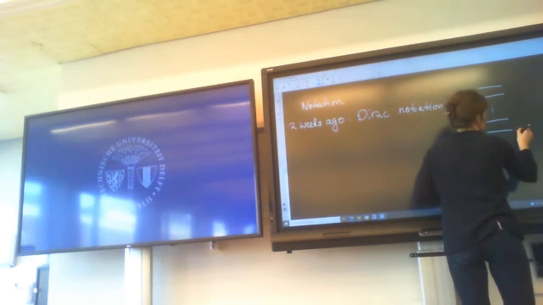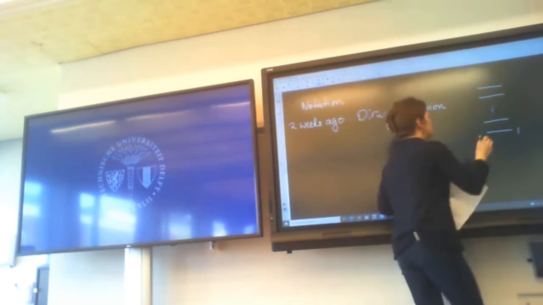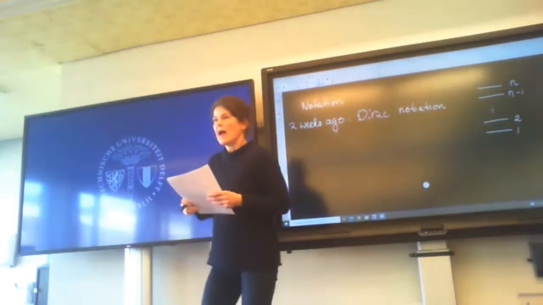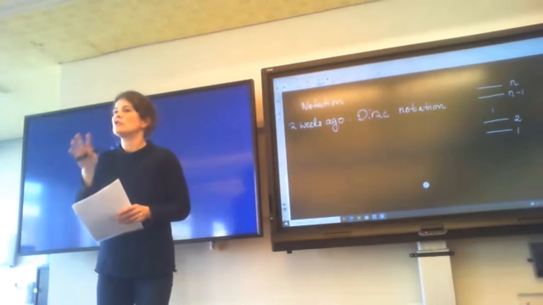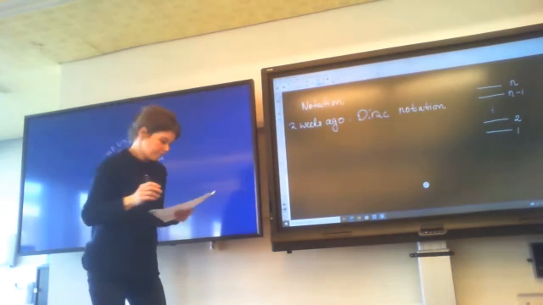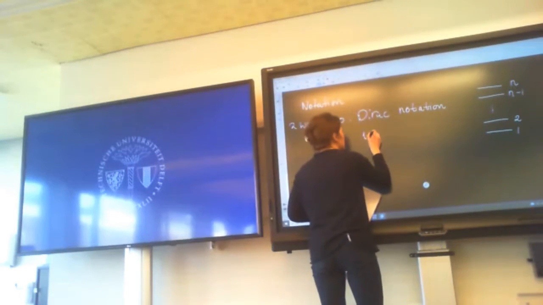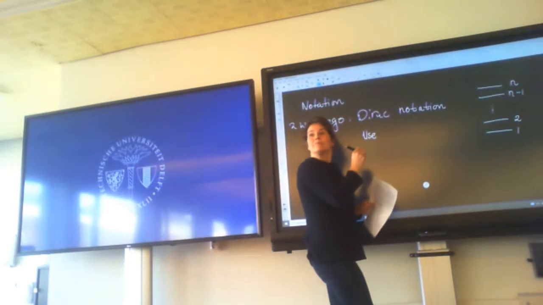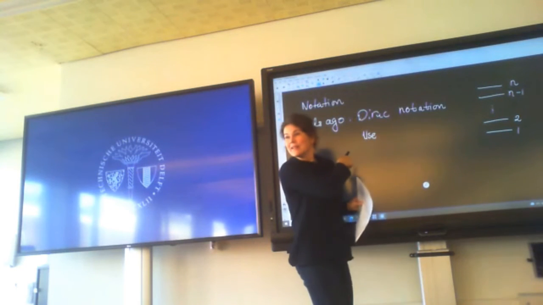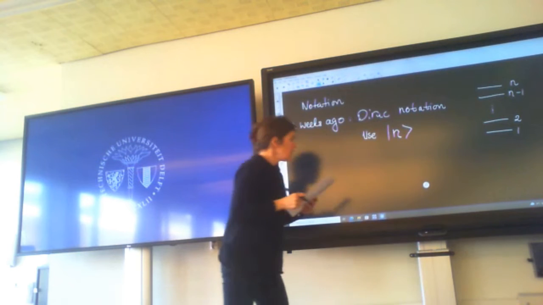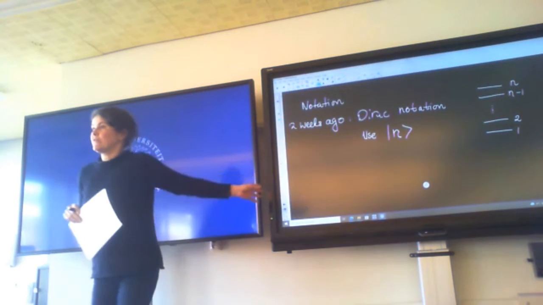So these are energy levels, I'll label them 1, 2, up to n-1 and n. And you have bosons occupying these levels. Then typically you would use, can you read it? Yeah, okay. You would use something like this to indicate the wave function, right?